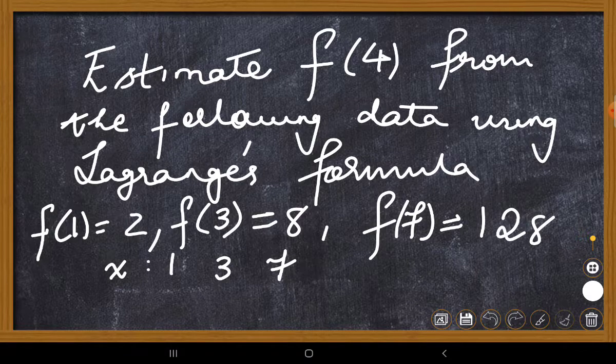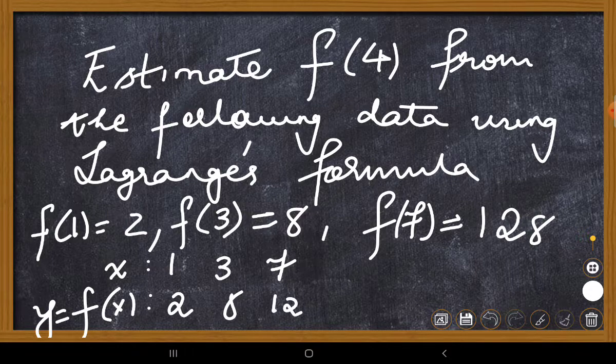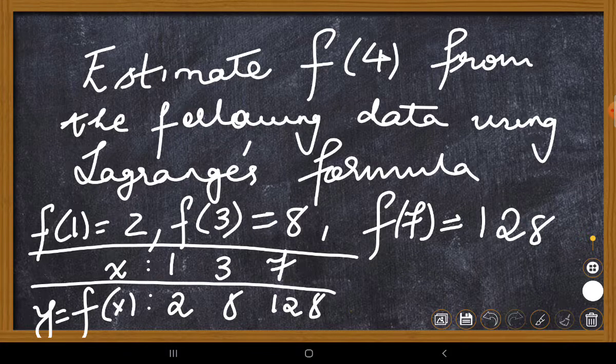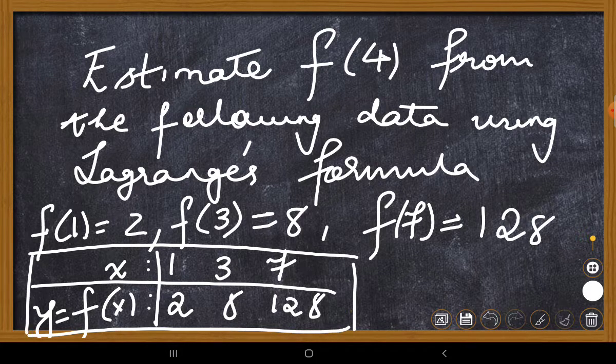And the corresponding f(x) values, or y equal f(x), they are 2, 8, and 128. So this is what we are actually given.